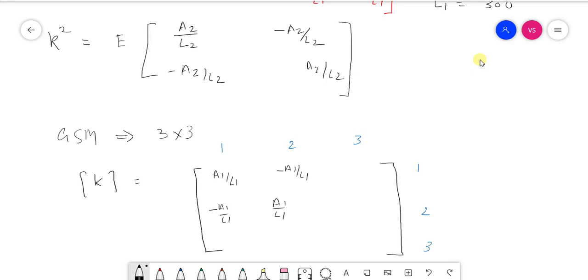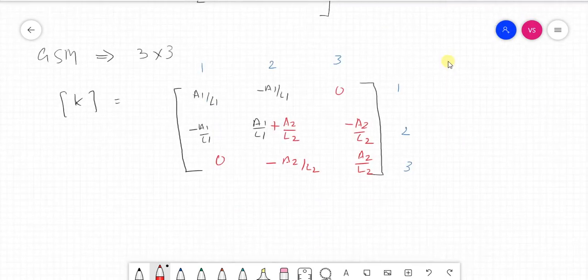Now from the second element, this block will come and sit from here: A2 over L2, minus A2 over L2, minus A2 over L2, A2 over L2. The remaining entries will be 0. This is the global stiffness matrix.